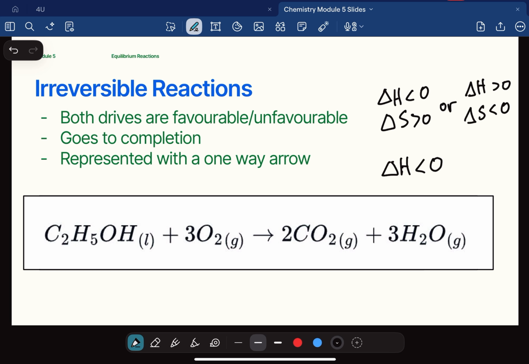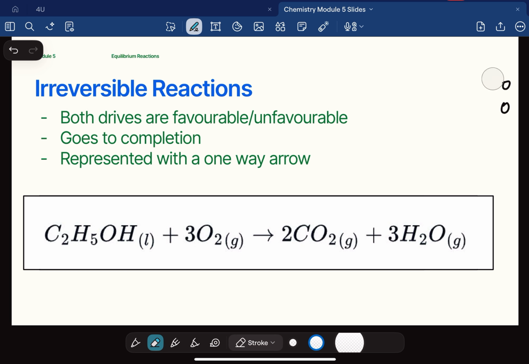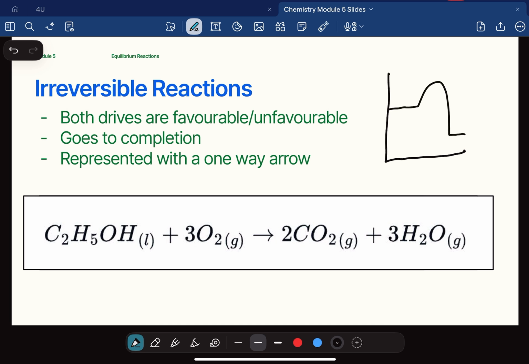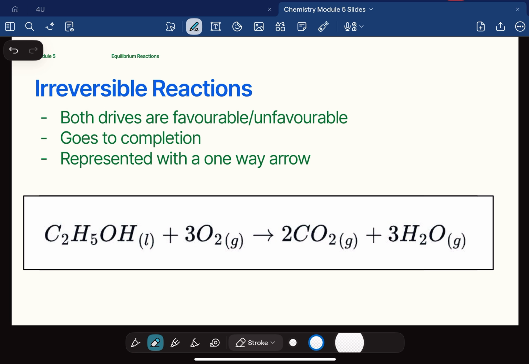So on an energy profile diagram, the reactants are here, and the products are here, and this is the energy. See how the products have less energy than the reactants? That means that it's a more stable state. And when the bonds form, they release energy, and this creates an exothermic process. So for this, we have delta H is negative.